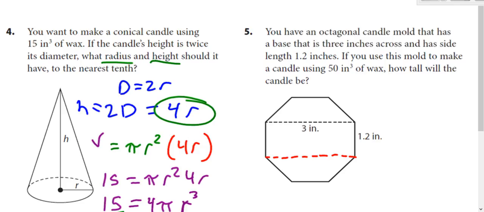So if it is 3 inches all the way across, and 1.2 inches right here, we have a rectangle, but what we really need to know is what is the height here. It's going to be the same on each side because this octagon, everything about it should be symmetric.